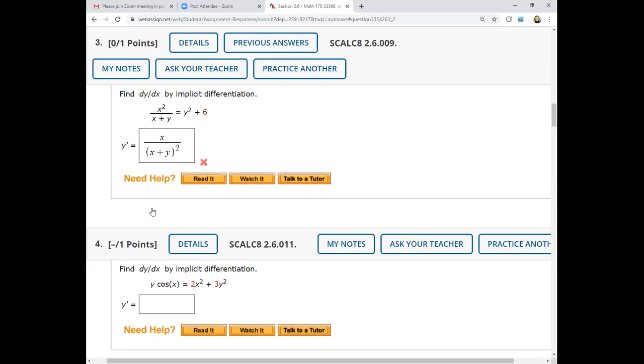And that's equal to, if I factor out 2x, then I have 2x times 1 plus y over x squared plus 3y squared.